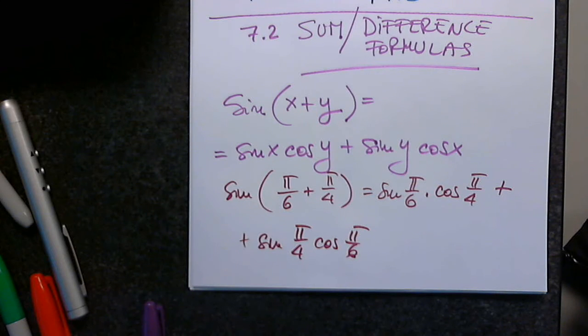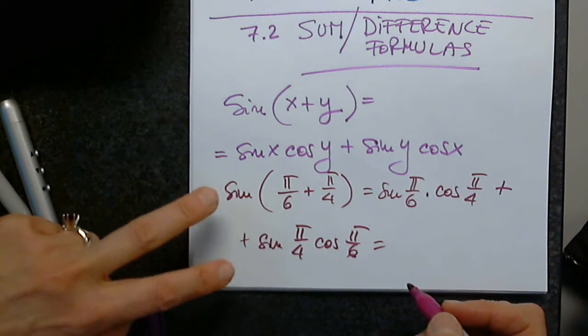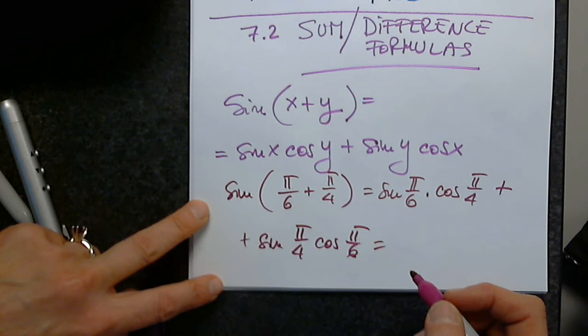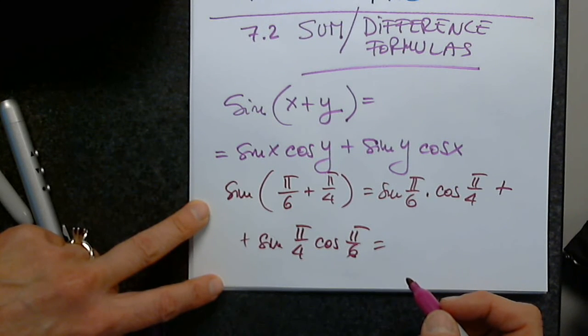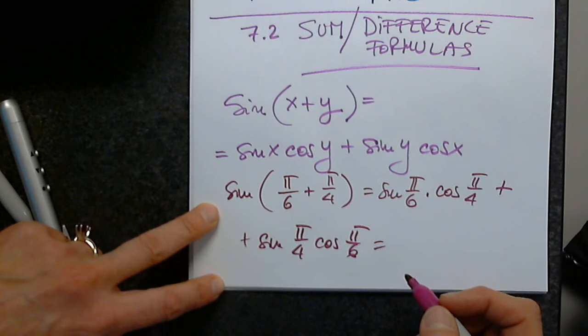Even if I find where the angle ends, it's over 12. I'm limited to over 3, over 6, and over 4. Over 12, I have no idea what that is. So let's continue. Sine pi over 6. It's the top angle, the first one, the smallest.